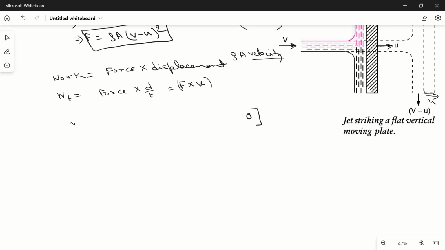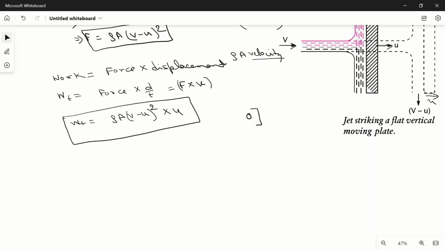So work done will be equal to force, which is rho a (v minus u) whole squared, into u. If this plate was stationary, then u, the velocity of the plate, will be 0, so work done will become 0. So in case of a fixed plate, work done is 0, but in case of a moving plate with velocity u, work done will be rho a (v minus u) whole squared into u.